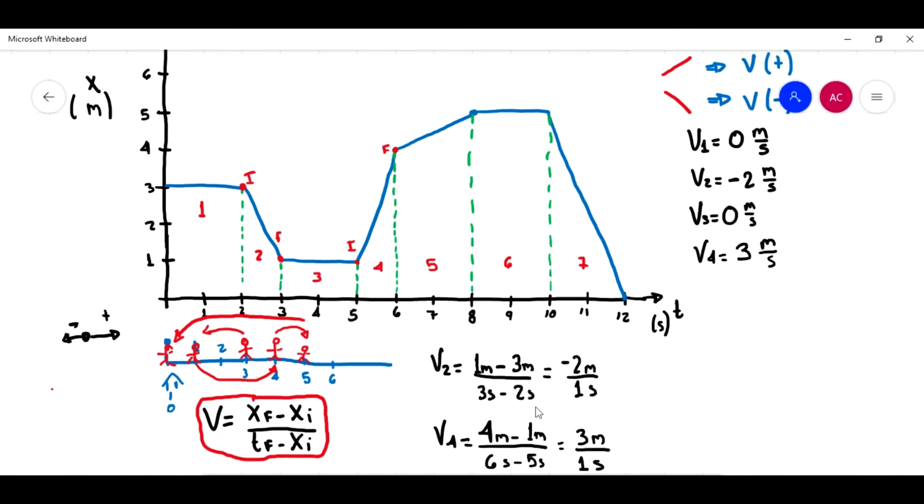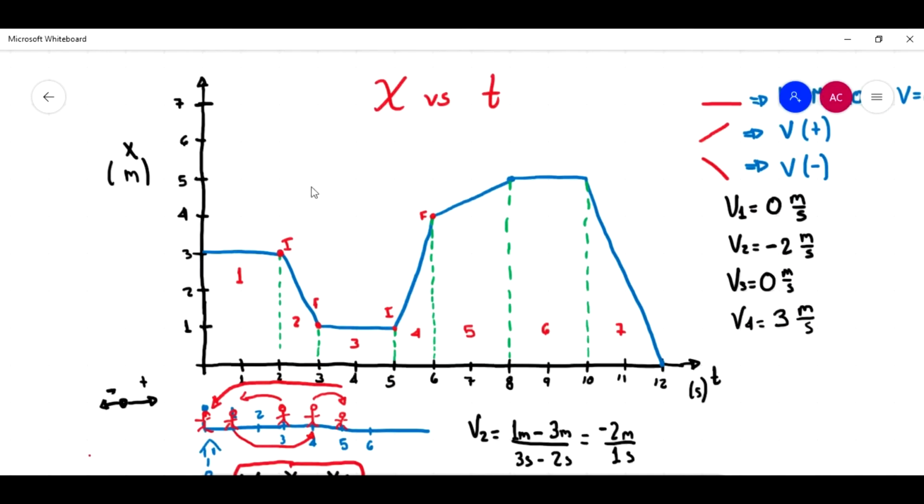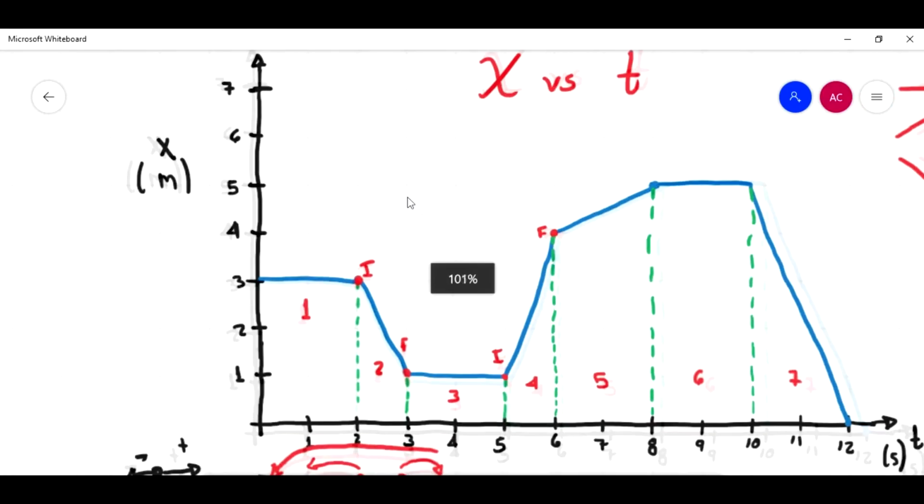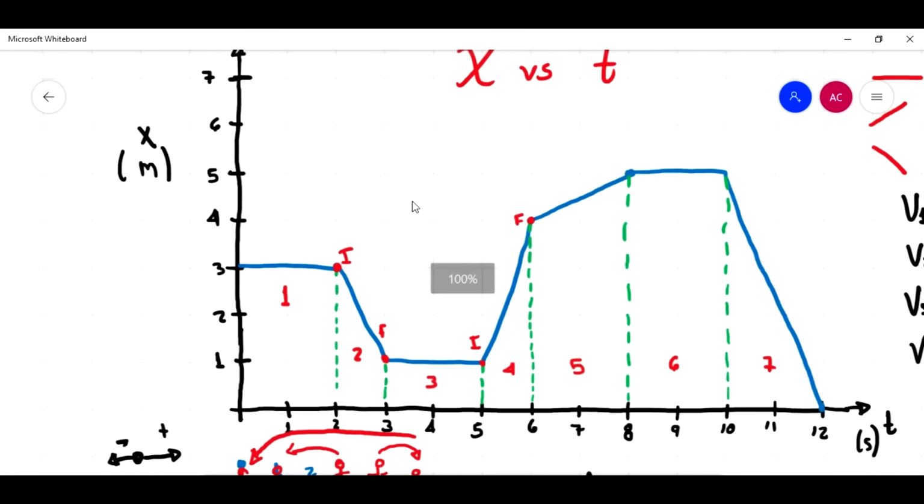Okay, let's find the velocity of segment number 5. I'm going to do it here above. That segment has 2 points. This is the final and this is the initial. So the velocity of segment number 5 equals the final position, 5 meters, minus the initial position, 4 meters, over the final time, 8 seconds, minus the initial time, 6 seconds.